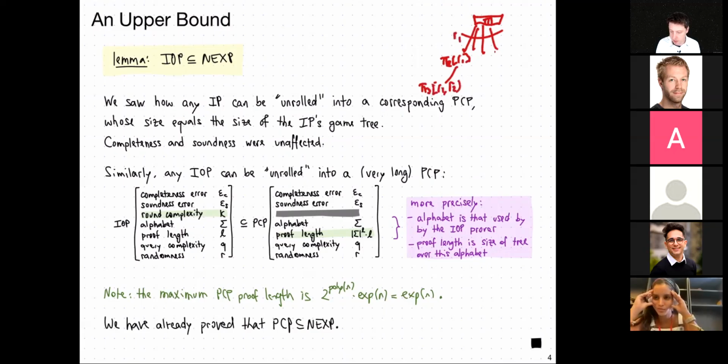These are the possible R1s, these are the possible R2s of the verifier. And you can think about it as sigma to the L if you imagine the verifier using the same alphabet and the same proof length as the prover. Anyways, this is what I meant, right?